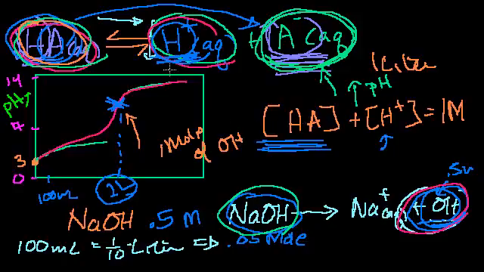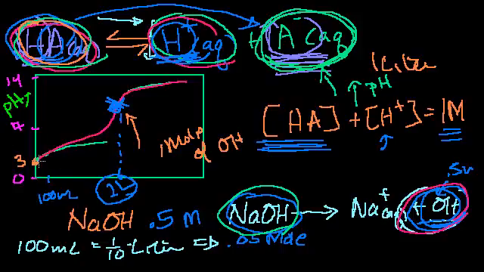If you look at some of the pKa's for some weak acids, you'll see this number is a lot lower. So this is an indication of your initial concentration of your weak acid. So you just keep titrating it, figure out the inflection point. You say, the inflection point happened when I added 2 liters of the titrant, which corresponded to 1 mole. So therefore, I must have had 1 mole of my original acid.